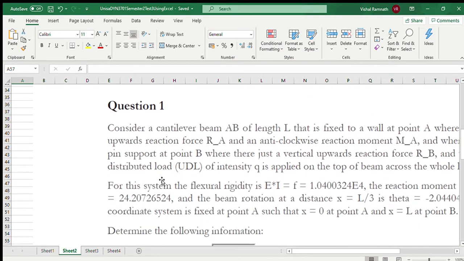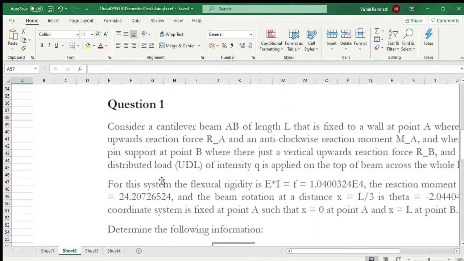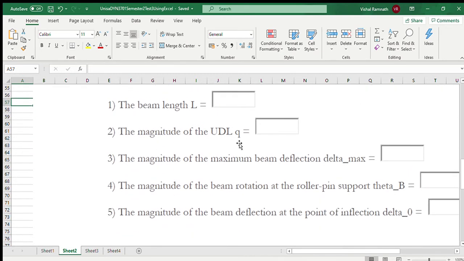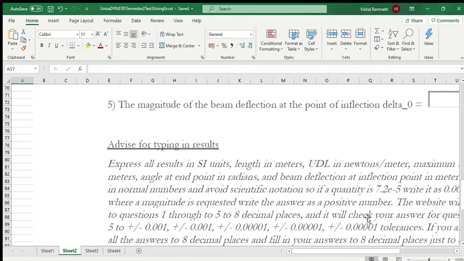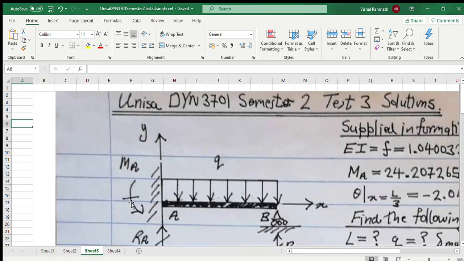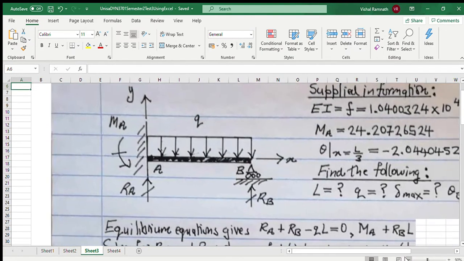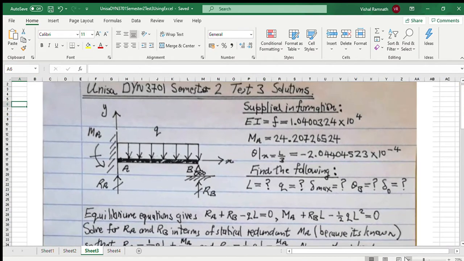So remember we had the test 3, there was the UDL, and we needed to work out the length, the load intensity, the delta max, and the pin support and the inflection point. So I did some calculations. Let's just make it a bit smaller.